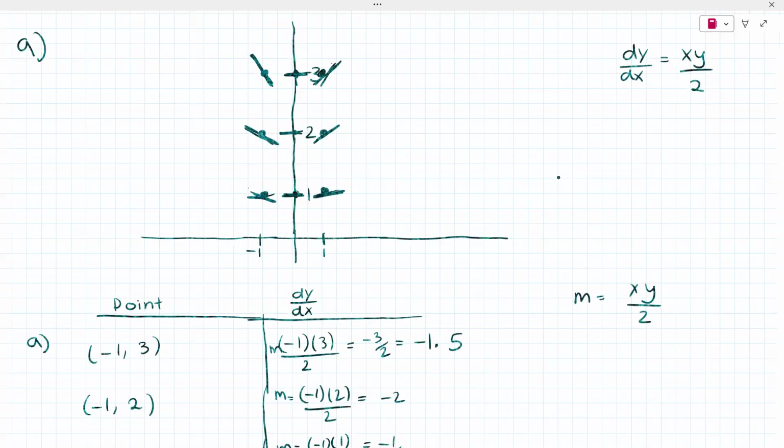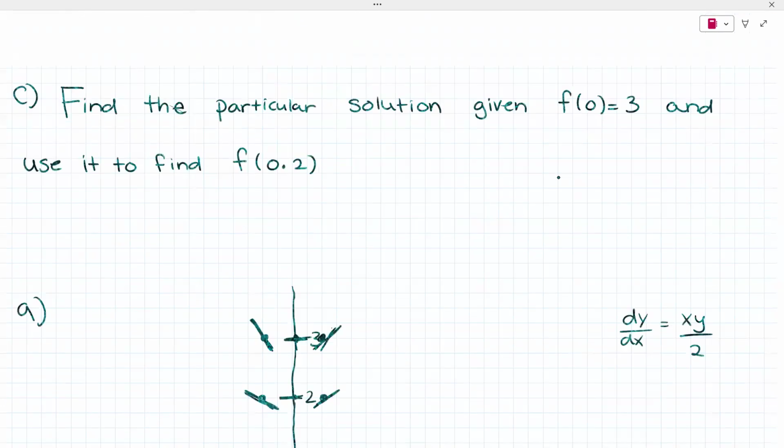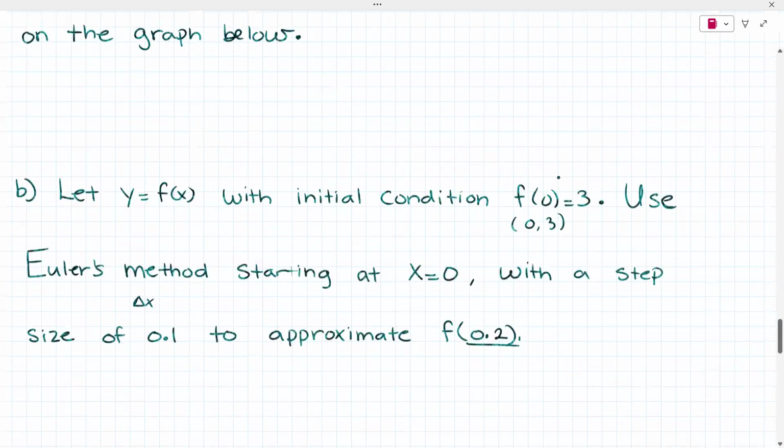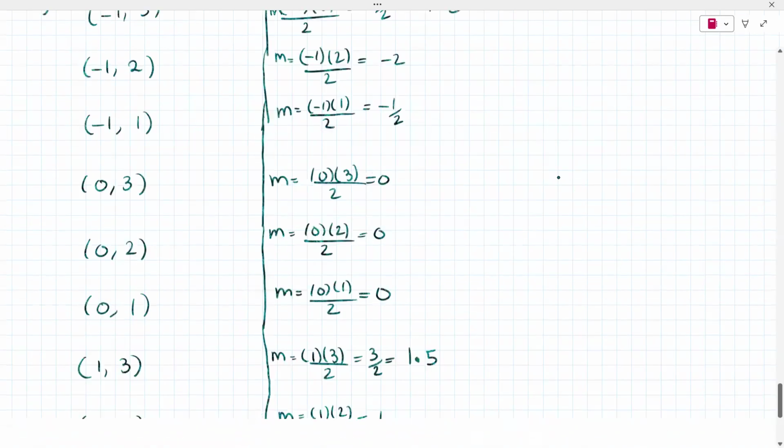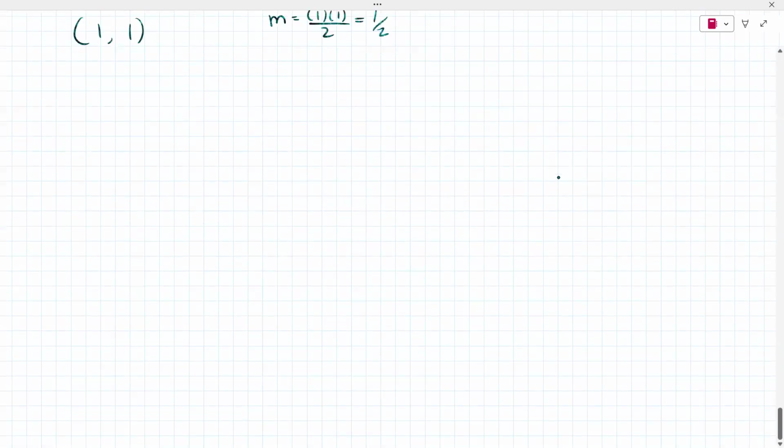Okay. Part B says let y equals f of x with the initial condition of 0, 3. Use Euler's method starting at x equals 0 with a step size, or your delta x, of 0.1 to approximate f of 0.2. We're trying to find the y value as x becomes 0.2. So we're going to have to make a table.